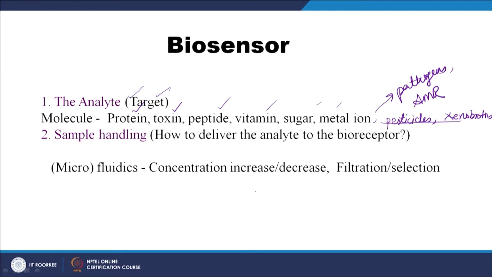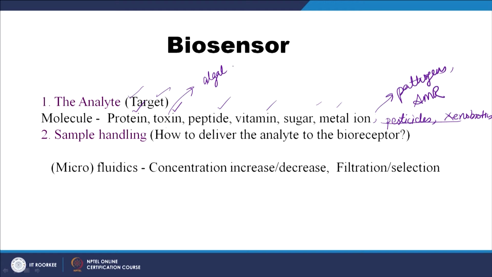Now, proteins, toxins, the example of proteins is very simple. Let us say I want to detect the presence of a prion or a particular protein that I am interested in, then I might create a biosensor for this. Toxins, for example, I want to do environmental analyses for algal or rather cyanotoxins. There are some cyanobacteria, some algae that produce toxins, and I want to know whether those toxins are present or not.